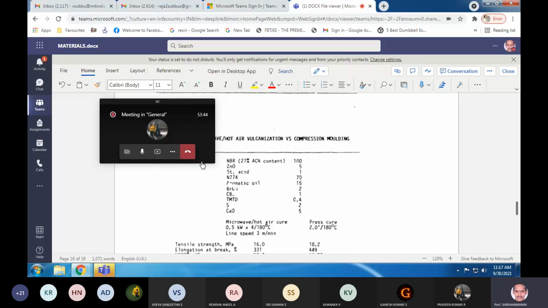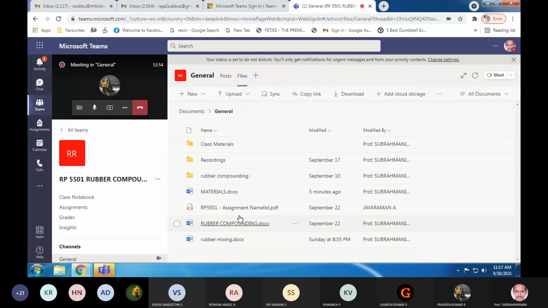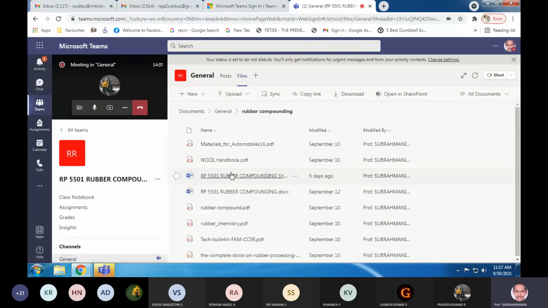Right. With the time remaining, I take you to rubber chemistry, page number 32. What is special about the page number 32? Rubber chemistry, yeah. Rubber chemistry, page number 32.